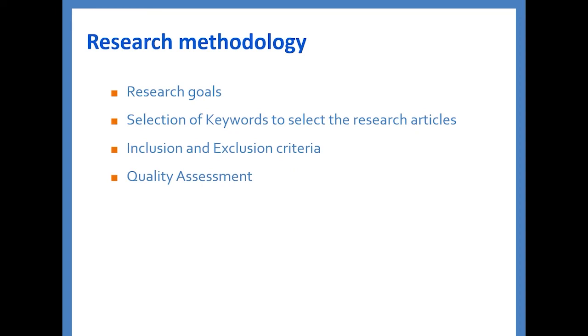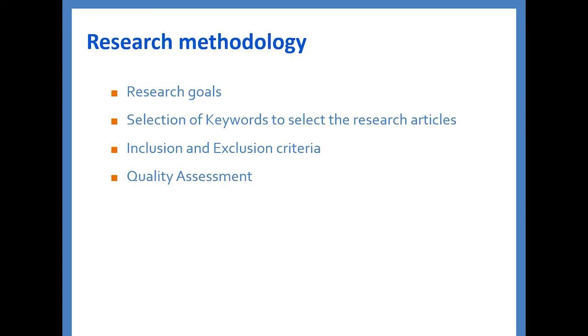Then research methodology. Here this slide explains what are all the steps present in a systematic literature review on data freshness. First one is on research goals. In research goals, we framed 4 research questions to obtain an effective planned systematic literature review on data freshness in WBAN.